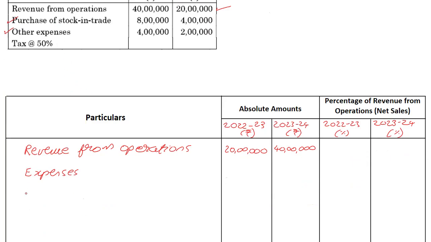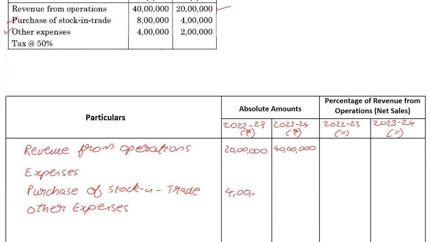We simply copy these two: purchase of stock in trade and other expenses. We have 4 lakhs and 8 lakhs, and similarly 2 lakhs and 4 lakhs.